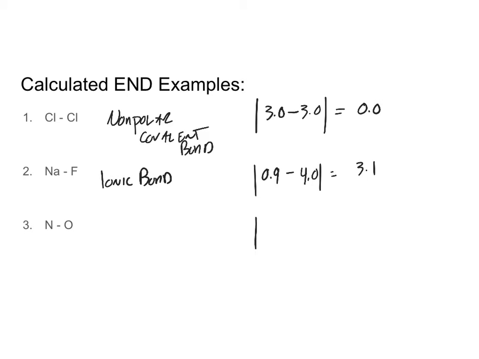The electronegativity of nitrogen is 3.0, and the electronegativity of oxygen is 3.5, and I get a difference of 0.5. That tells me it is a polar covalent bond. And that's all there is to identifying whether a bond is polar, nonpolar, or ionic.